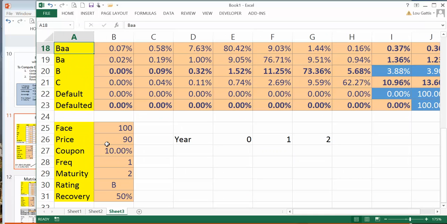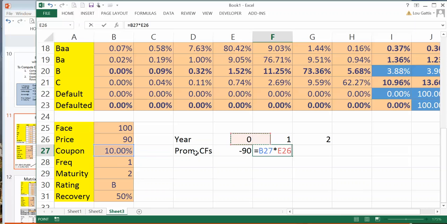So the first thing we'll do is calculate promised or contractual cash flows. So what if I pay $90 for the bond? I'm going to have an outlay of $90. And then in year one, if this is an annual payment, 10% bond, I'll get 10% of face, I'll get 10. And when it matures, I'll get that coupon payment plus par. So those are the contractual payments.